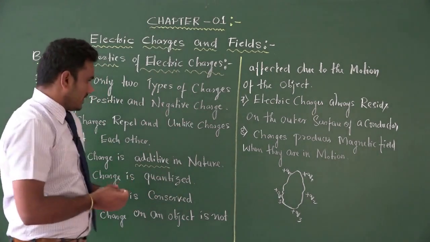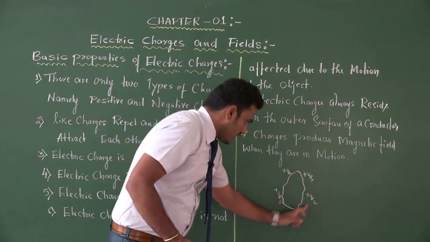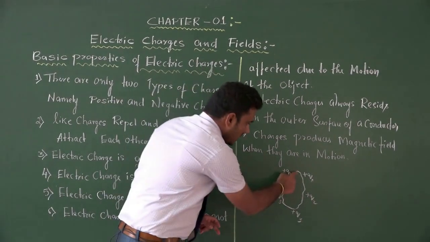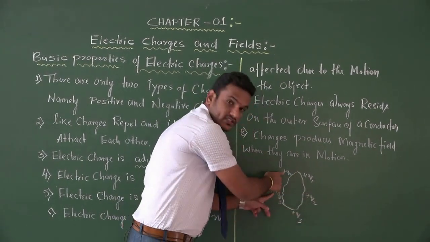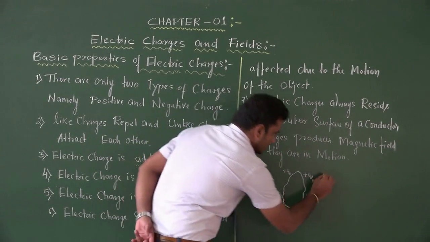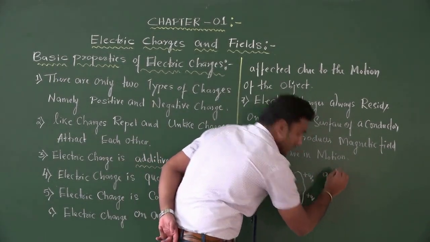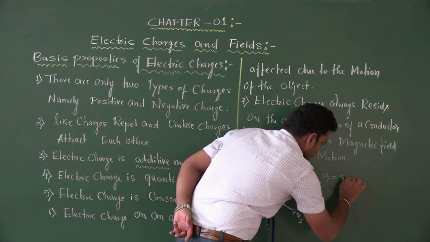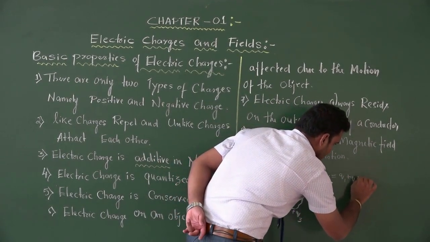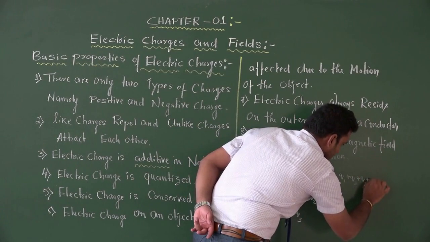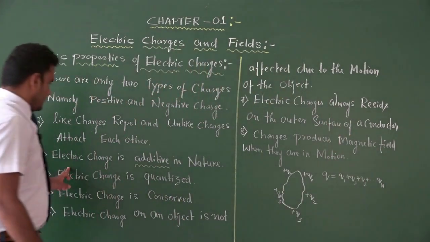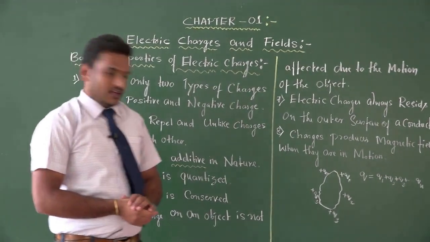According to this property, the total charge on an object is equal to the algebraic sum of the charges located at different points or positions. That is, if the total charge is Q, Q equals Q1 plus Q2 plus Q3 plus dot dot dot up to Qn. Electric charge is additive in nature.